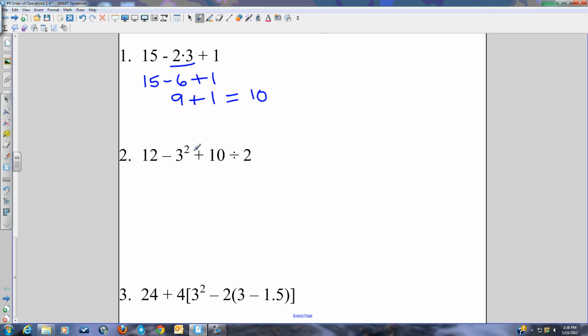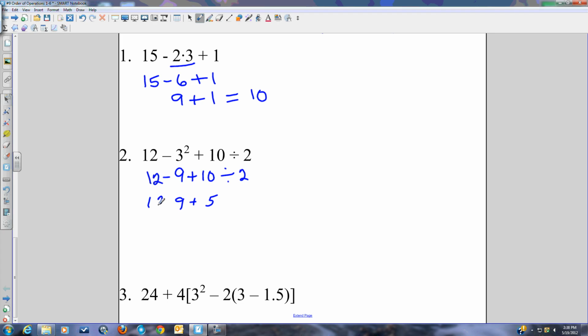According to PEMDAS, the exponents would come first in this particular expression, so let's simplify 3 squared, which is 9. Write down everything else. The next thing that would come in PEMDAS is division, so 10 divided by 2 is 5.